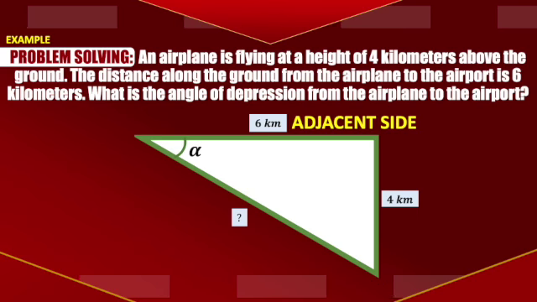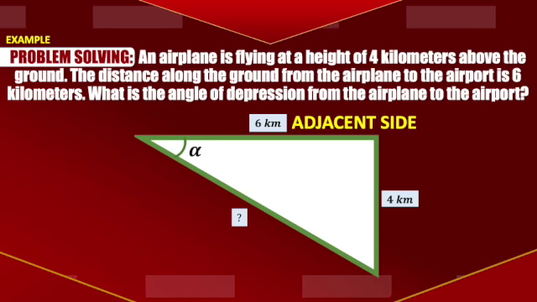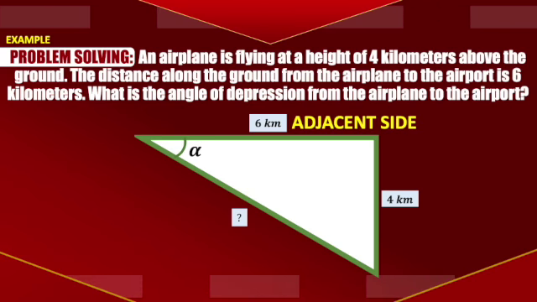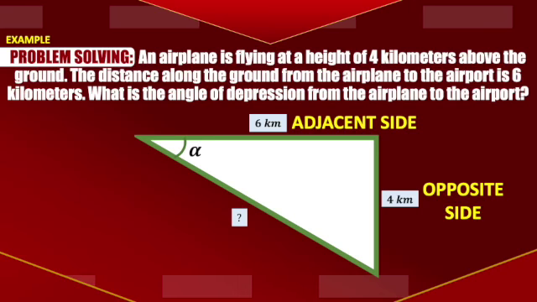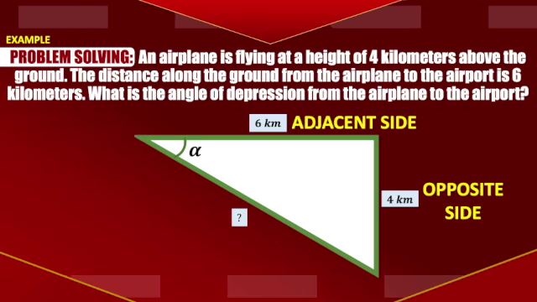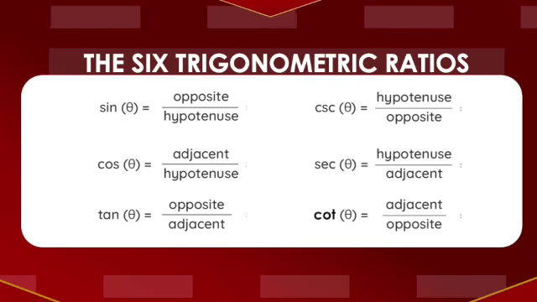Again, go back dun sa figure. Ano ba ang available na side? Wala tayong hypotenuse. Obviously, yun yung question mark. But what we have here is the opposite side and the adjacent side. So, pag namili tayo ng trigonometric ratio, we're looking for the definition wherein merong adjacent at merong opposite side. Alin kaya dito yon?